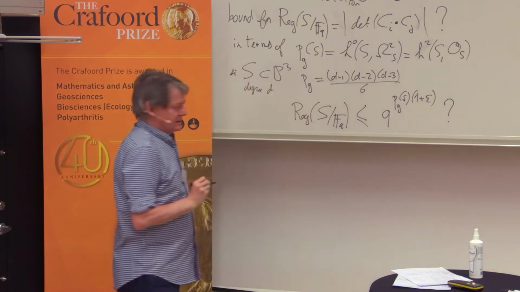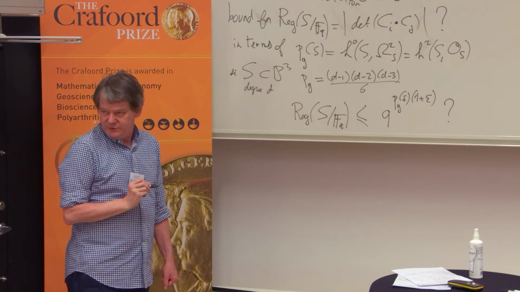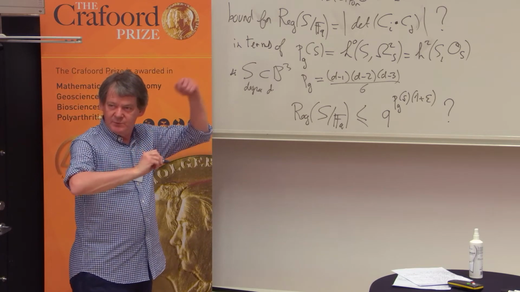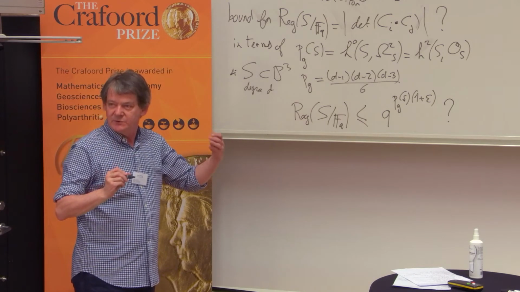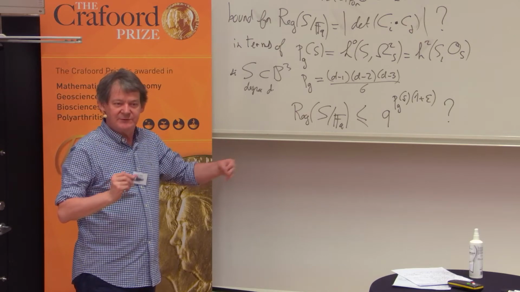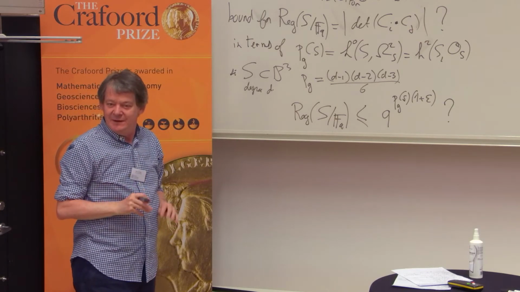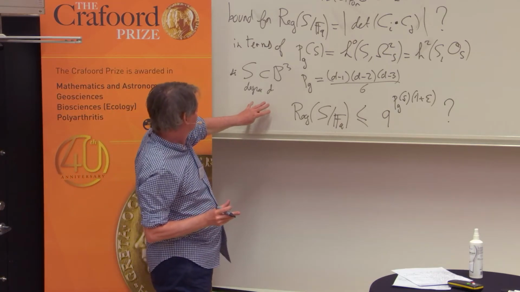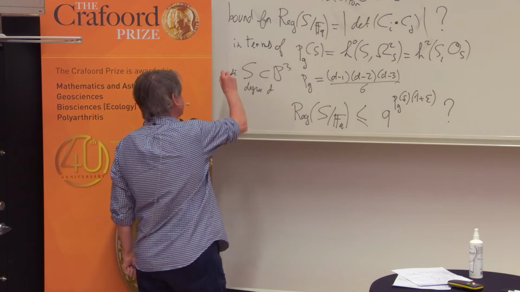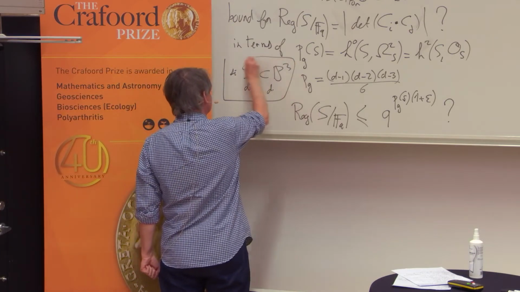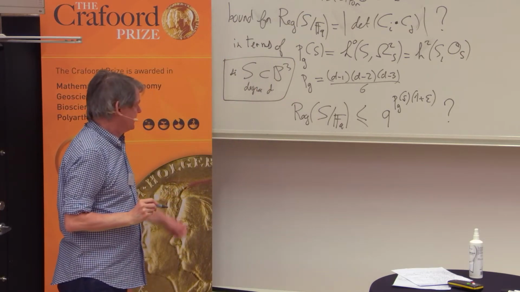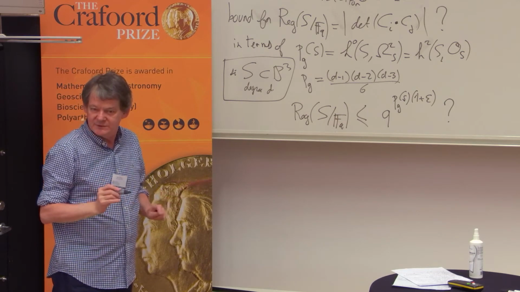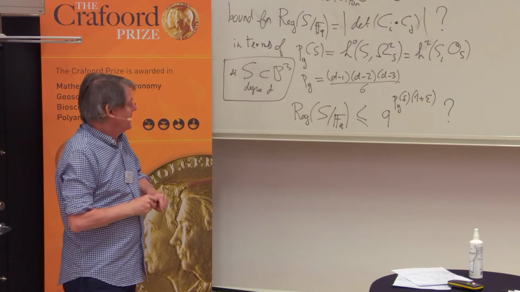The other thing is that it cannot be true for all surfaces. It's quite easy to see that if you use blow-ups or this kind of thing. If it's true for one surface, if you blow up sufficiently many times, it becomes untrue. So it cannot be true. So you have to put some conditions on the surface. Well, let's say, for example, all these conditions are satisfied if I look at surfaces in P3. Then there's no condition at all.